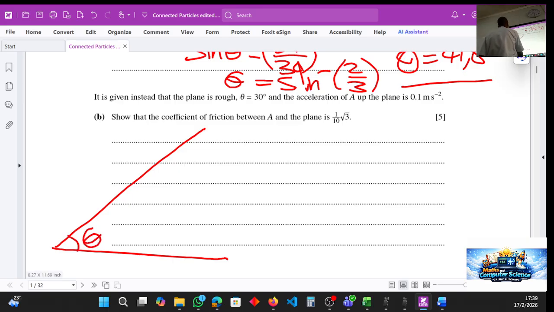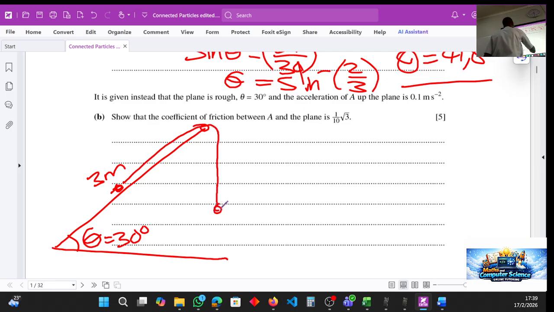So theta, this time around, we are told is 30 degrees, and we have object A, whose mass we were told is 3m, and there is a pulley there, and object B is 2m. So this time around, they are saying the plane is rough, implying now we talk of frictional force.